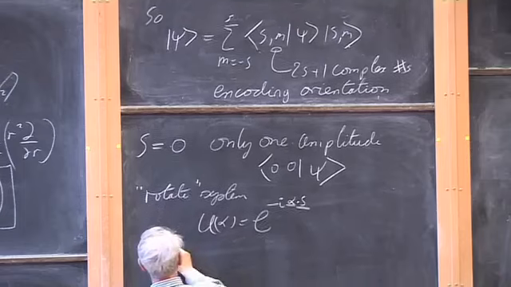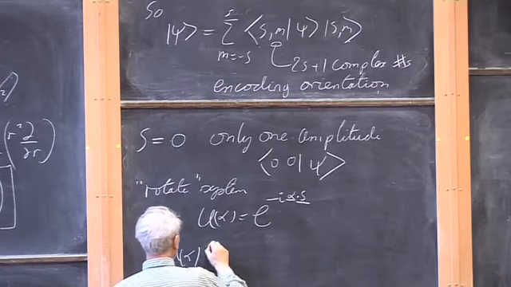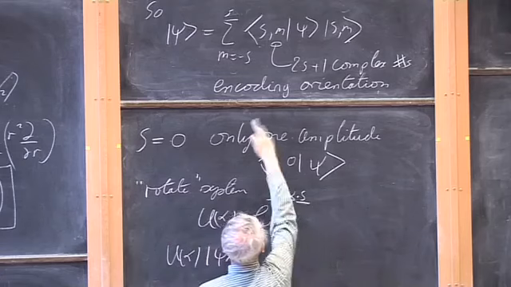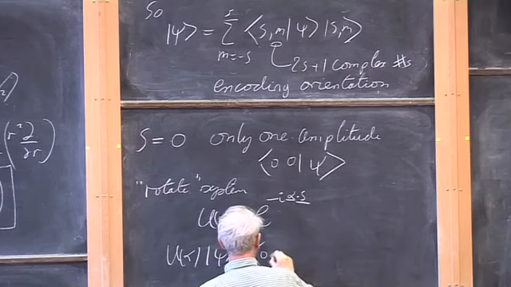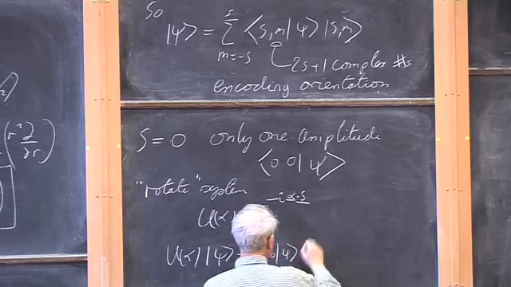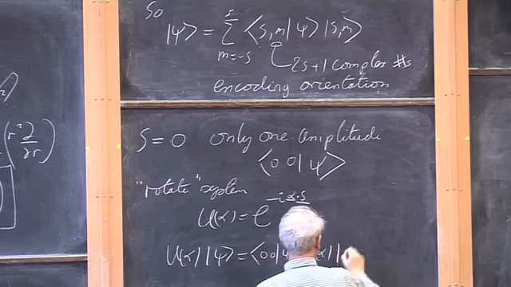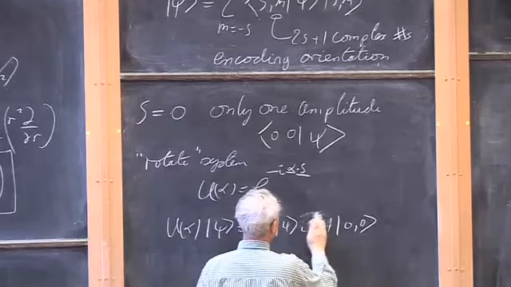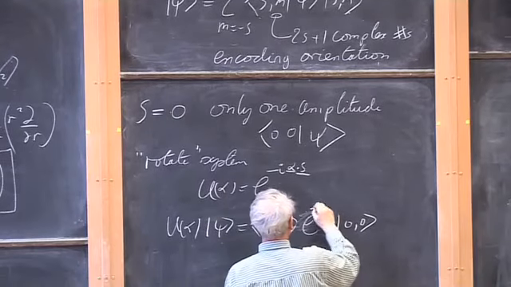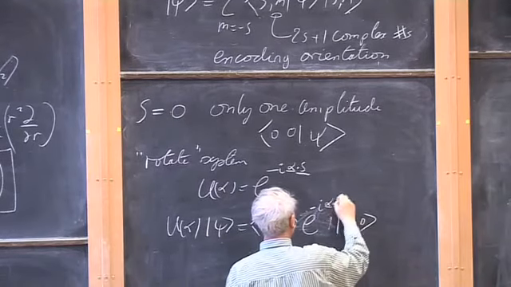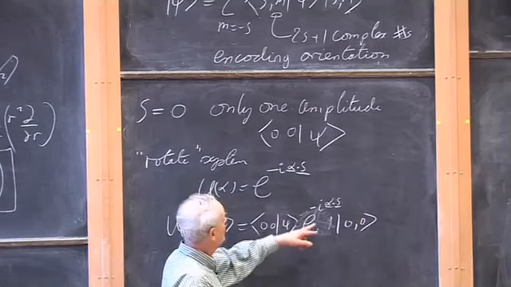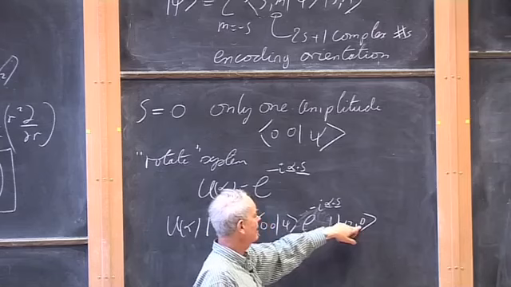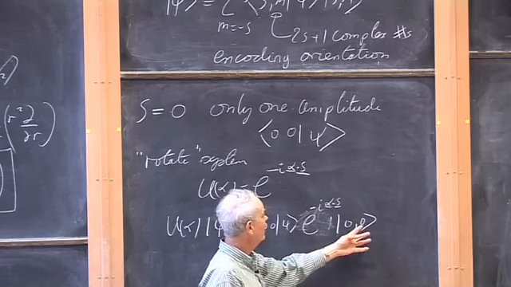Then if I use this U(alpha) on psi, what do I get? Using that expansion, I get the amplitude times U(alpha) on |0,0>. Let me replace this by e to the minus i alpha dot S. When this operator sees this ket, it thinks, nothing doing, 0.